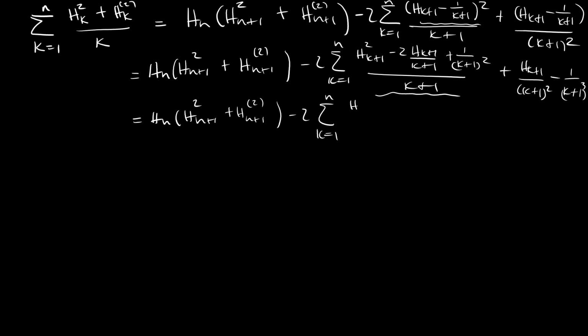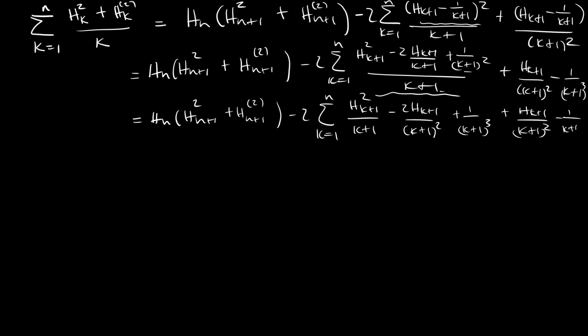Now here we have k plus 1 squared over k plus 1 minus hk plus 1 over k plus 1 squared plus 1 over k plus 1 cubed, this and this interacting, plus harmonic k plus 1 over k plus 1 squared minus 1 over k plus 1 cubed.